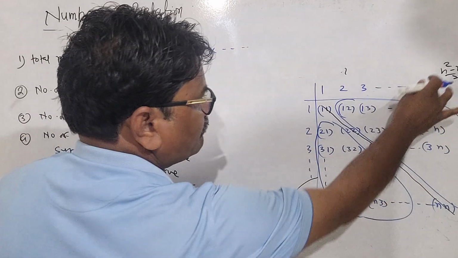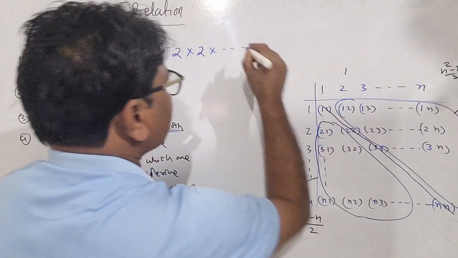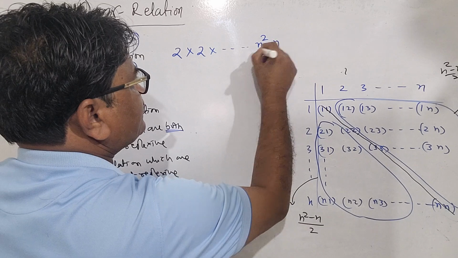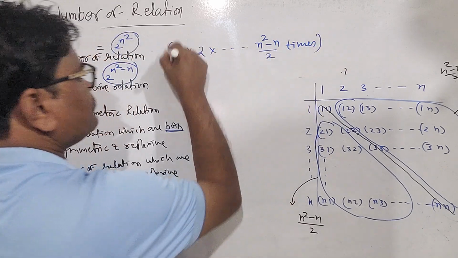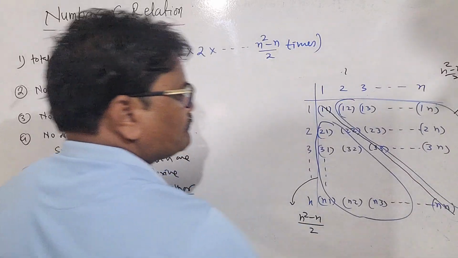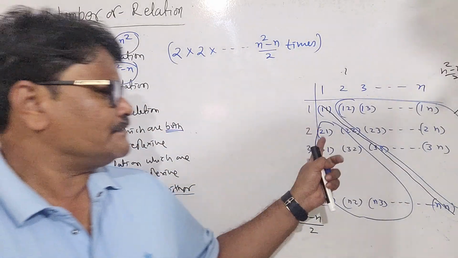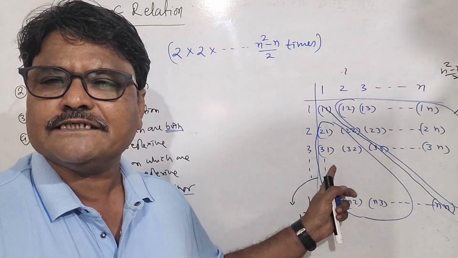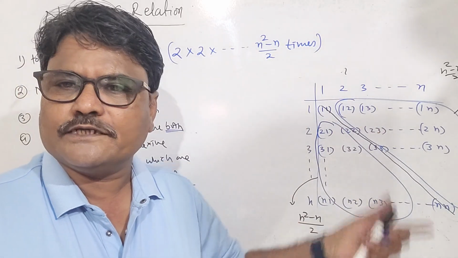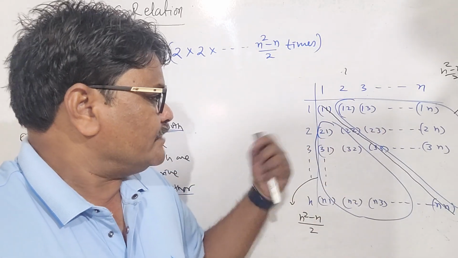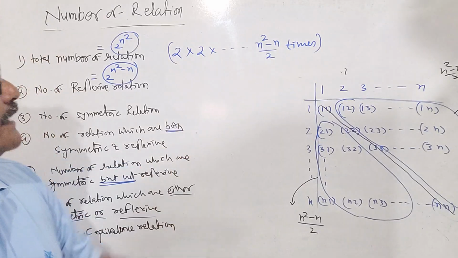How many elements are above the diagonal? (n square minus n) by 2. So these elements above the diagonal have two choices each, and the ones below have only one choice. If (1,2) is going, then automatically (2,1) has to go there, so no worry about calculating those.